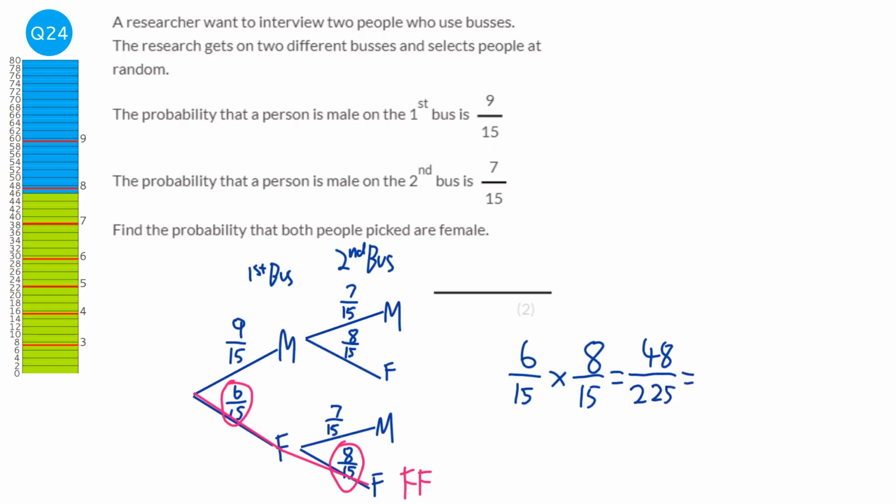Now you can actually cancel that down. You can divide top and bottom by 3, and that would give 16/75. So either 48/225 or 16/75.